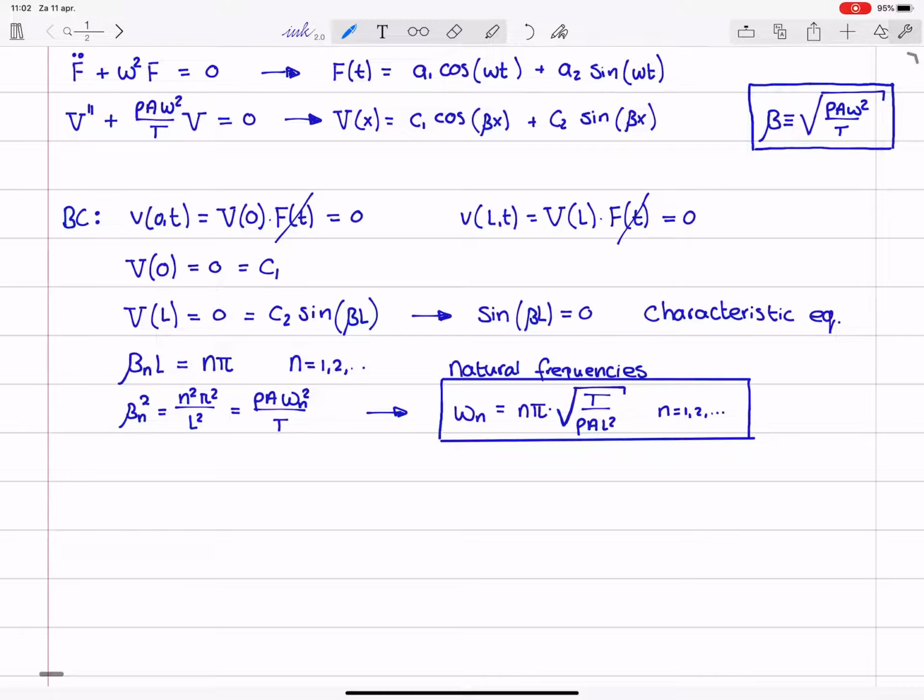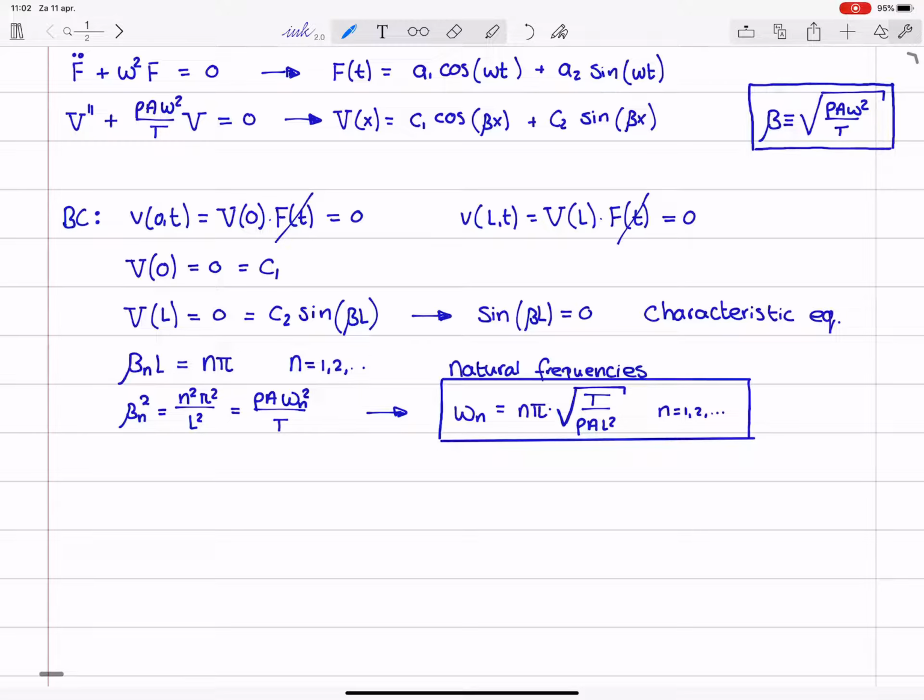Well, for that I will recall that the sine of beta L is equal to 0 for specific values of beta. So that means that only at these values it's true. And from the fact that c1 is 0, we already know that the cosines are not in the solution.